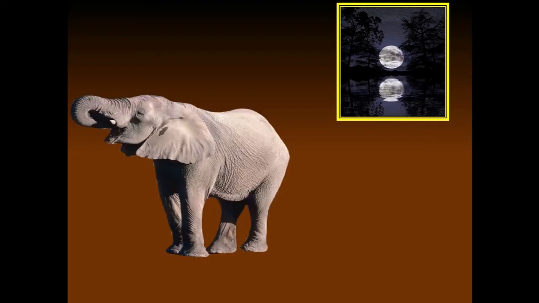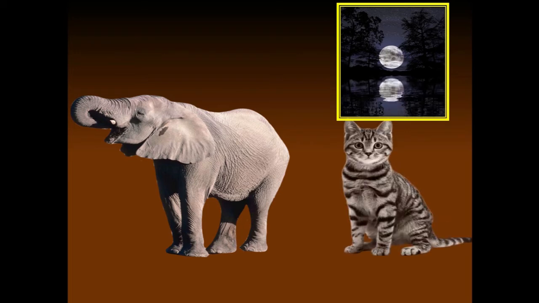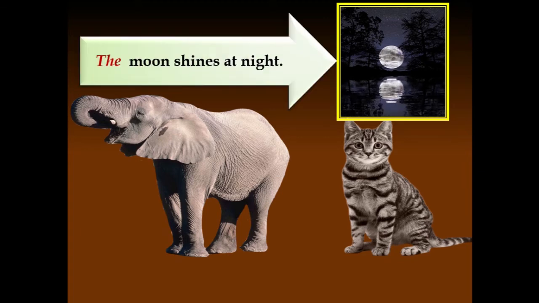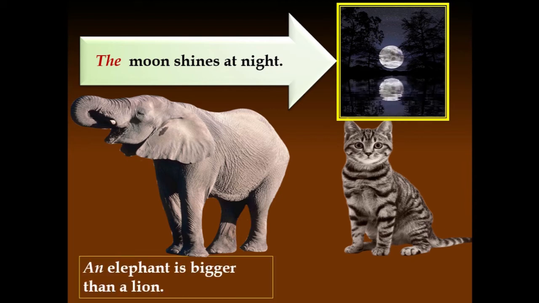So what do you see? And another is elephant. And another is cat. So the moon shines at night. An elephant is bigger than a lion.